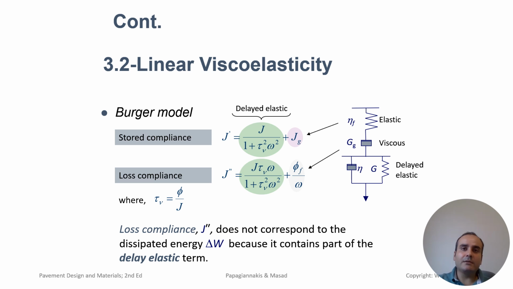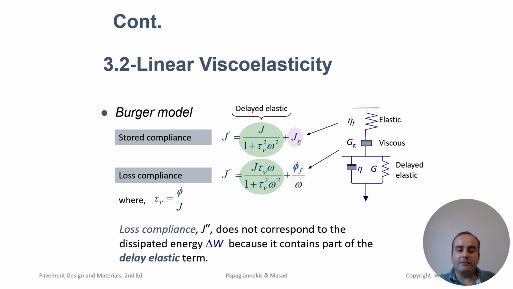The second element is the dashpot. This dashpot represents the viscous flow of the material, which leads to the permanent deformation or creep. In pavement engineering, this is important to understand the rutting and permanent deformation under sustained traffic loads.